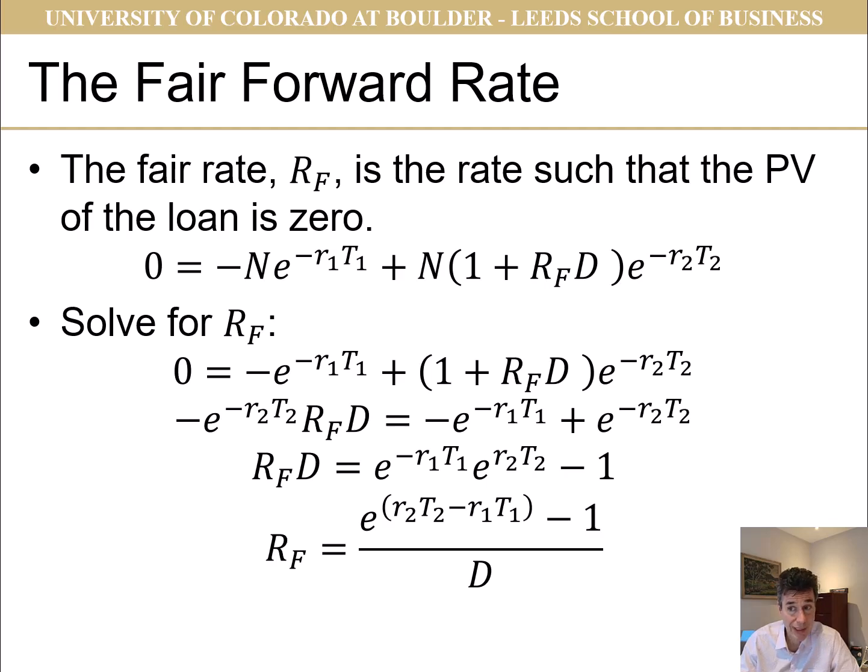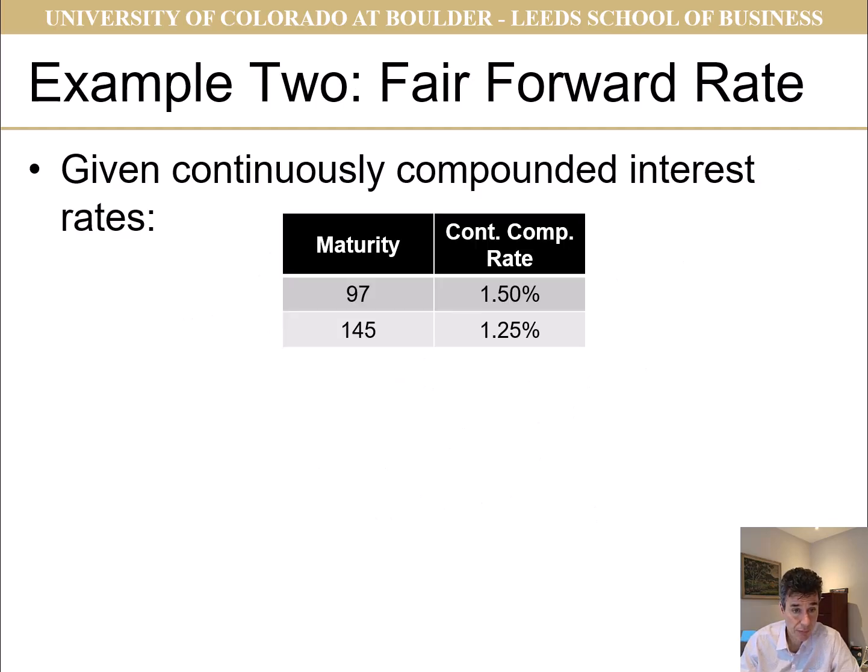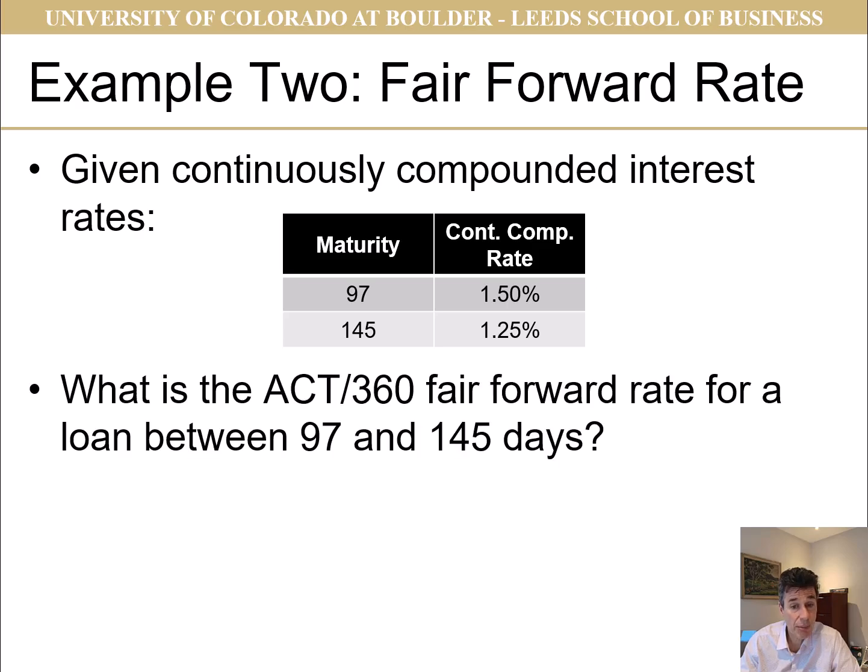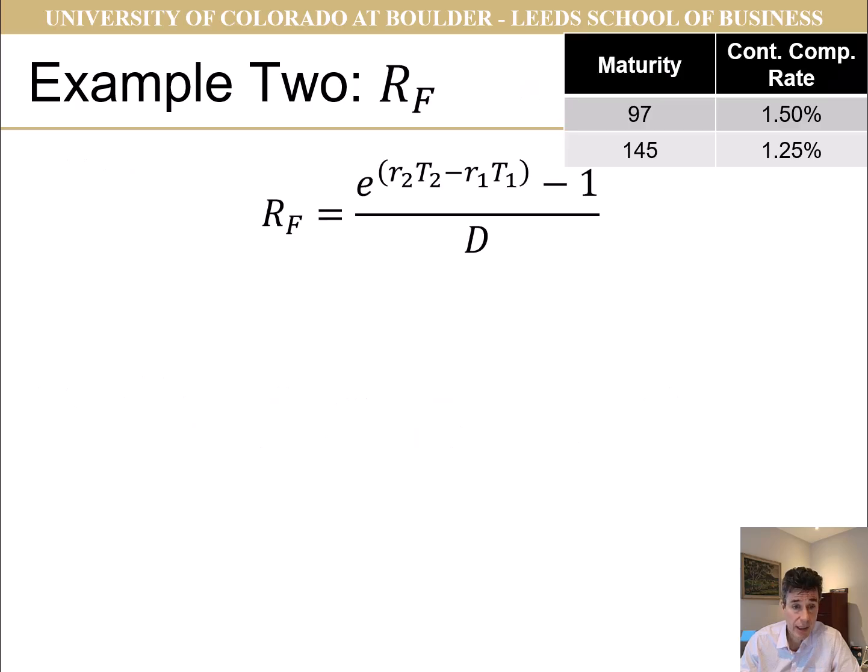So first off, we can calculate the fair forward rate. Given continuously compounded interest rates, what is the actual over 360 fair forward rate for a loan between 97 and 145 days? Again, this is simply plugging numbers into a formula.